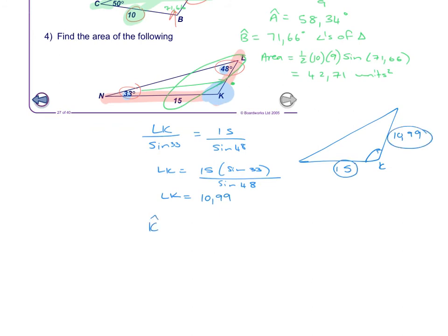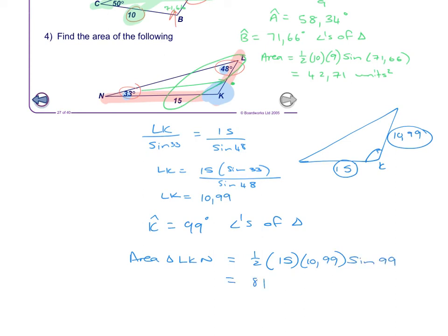And so angle K is going to be 180 minus the 33 minus the 48, which is 99 degrees, angles of a triangle. So then we can work out the area of our triangle LKN, which is equal to half of side 1, side 2, times sine of the angle between them. And that gets us 81.41 square units.